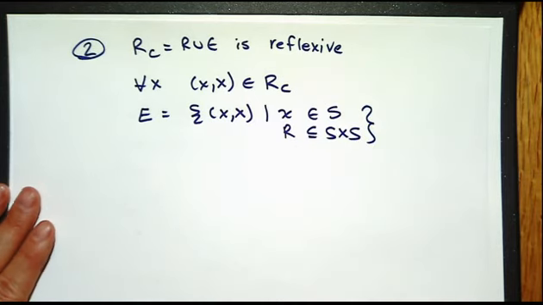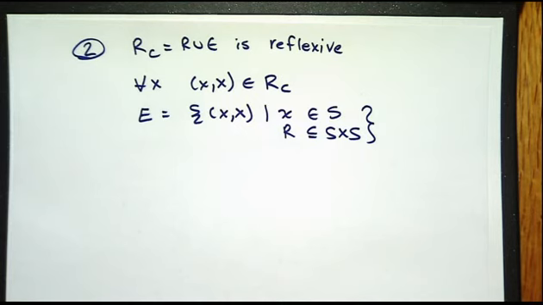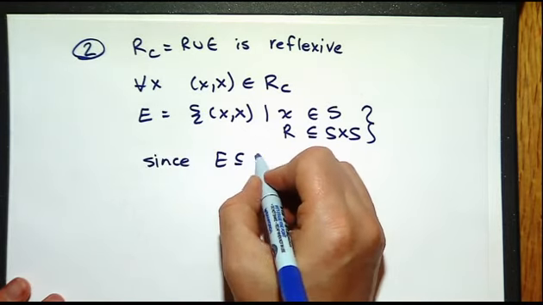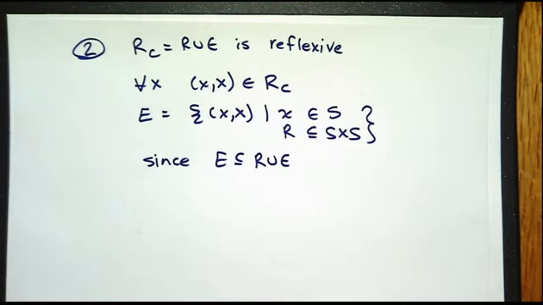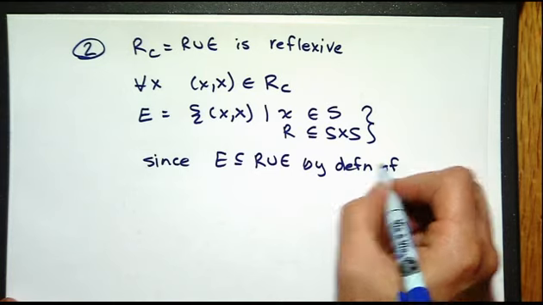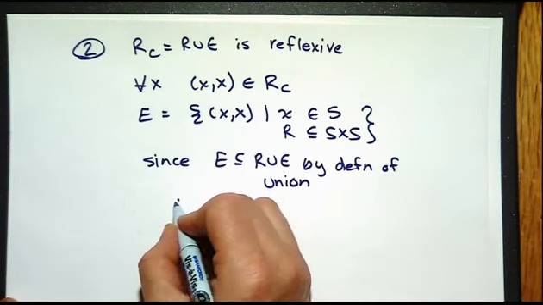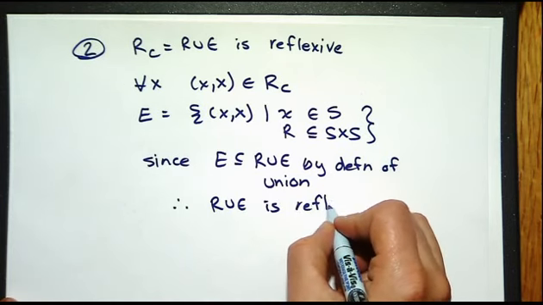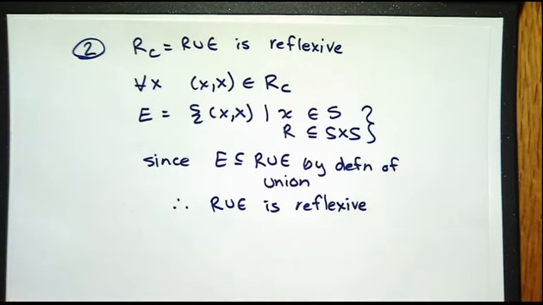So whatever set R is in S cross S, then xx is in there. So since E is a subset of R union E, with the same argument that we had before, by the definition of union, therefore R union E is reflexive. And we should be able to prove this because we picked out the set.